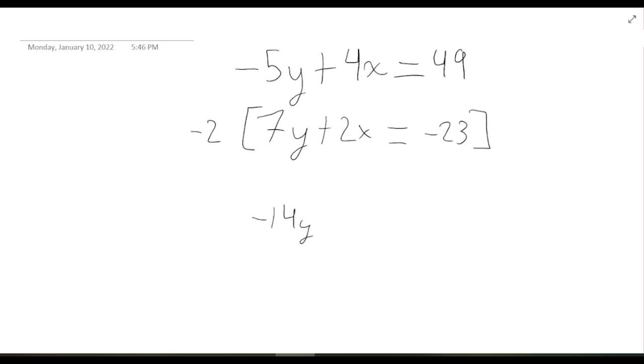Negative 2 times 2x is going to give us a negative 4x. And negative 2 times 23 is going to give us negative 46. Great. So now we have our new equation where we multiplied every single term by negative 2. Now we're going to rewrite the very top equation, negative 5y plus 4x equals 49, right below our new one.